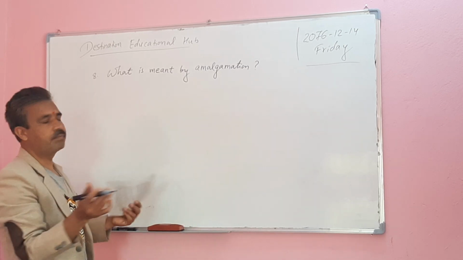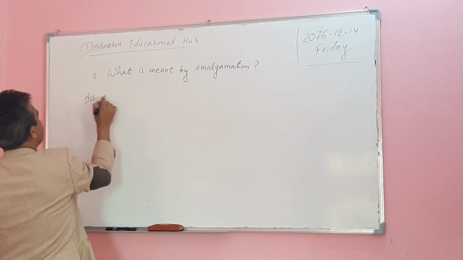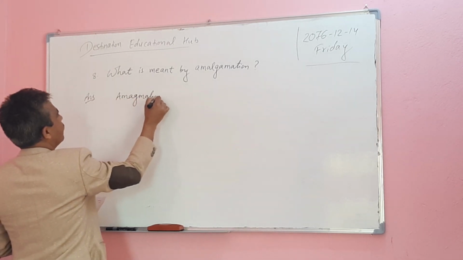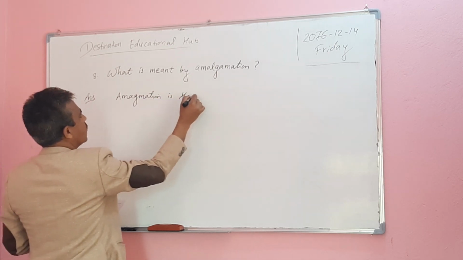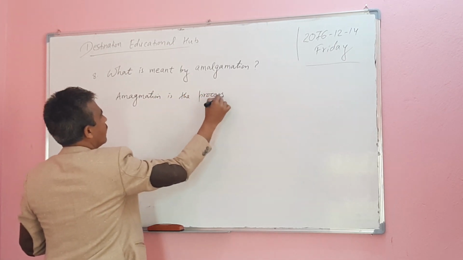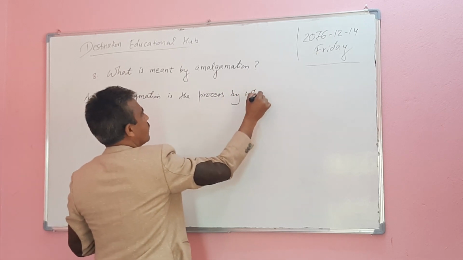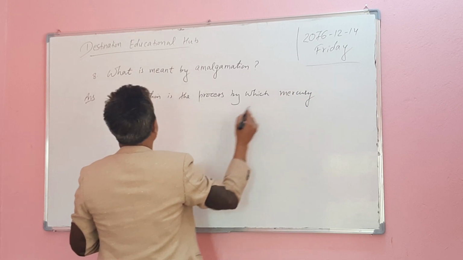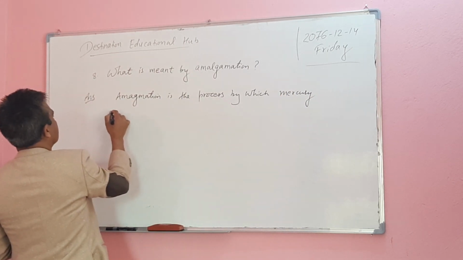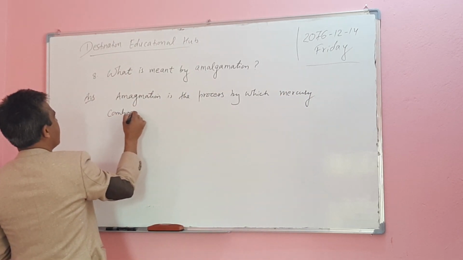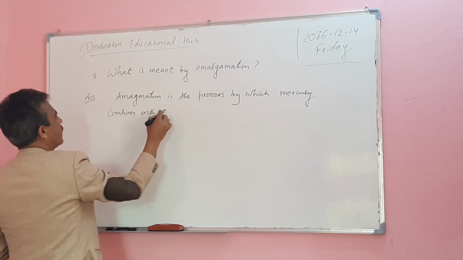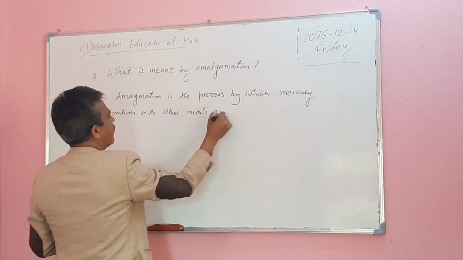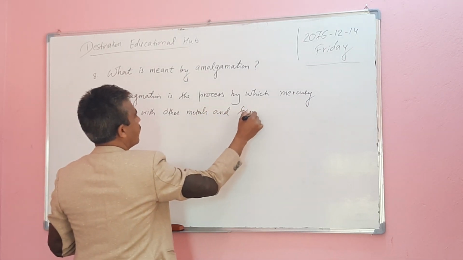Answer. So, amalgamation is the process by which mercury combines with other metals and forms a new compound.